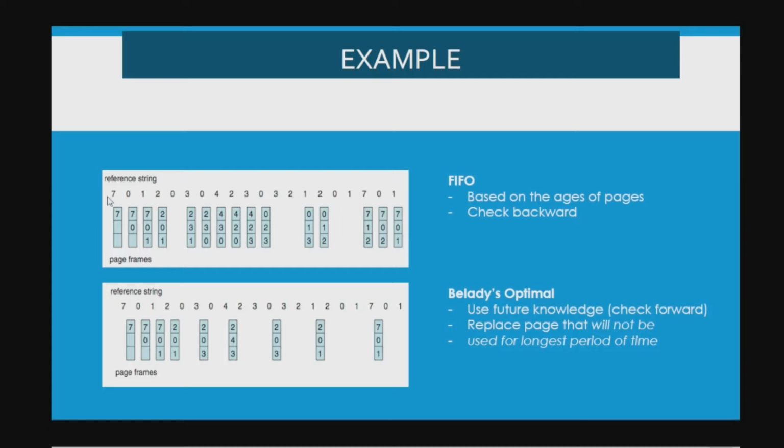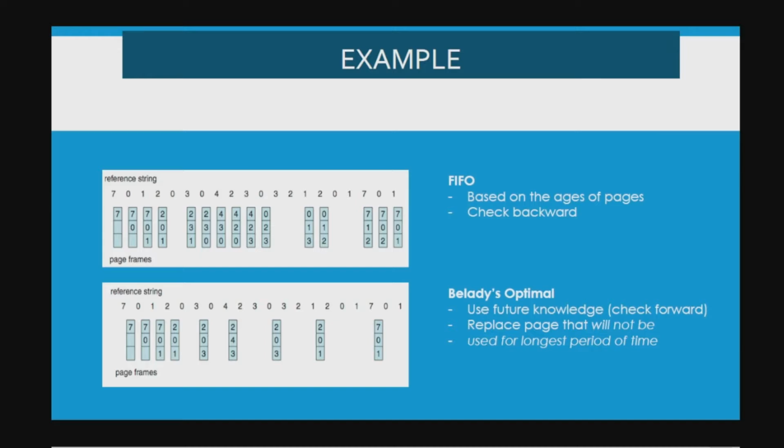So this is the reference string. You can refer back to the slides that I already shared with you and to the previous video regarding this example. But in this video, I will go through in detail how it works from one algorithm to another.